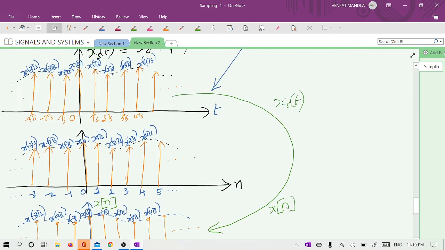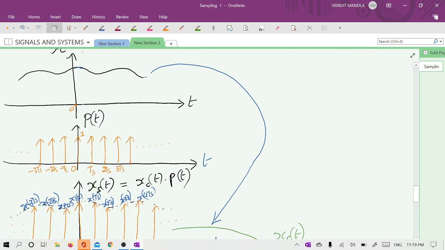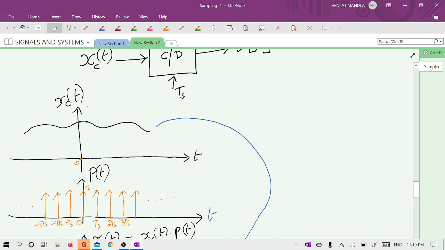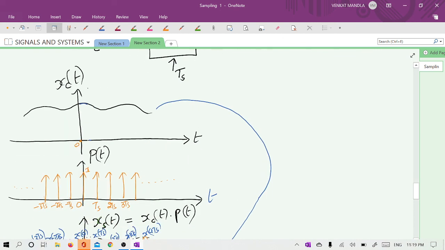Here I want to discuss some more things: the frequency domain representations here. This is xs of t. I want to represent them in the frequency domain here.